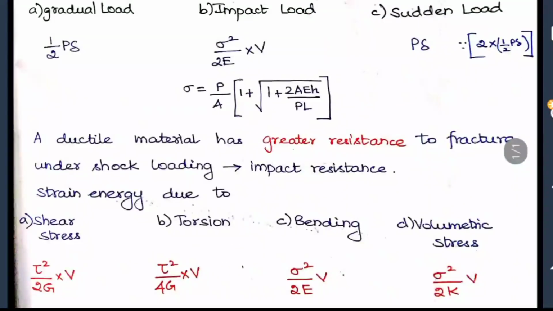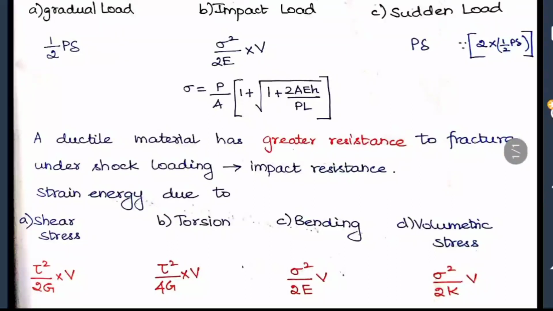And then here are some different strain energy formulas based on the different stresses. The first basic formula we saw is half P del, and that is for the basic stress. When shear stress or torsion is applied, it will change accordingly. For shear stress, the formula is tau square by 2G into volume.